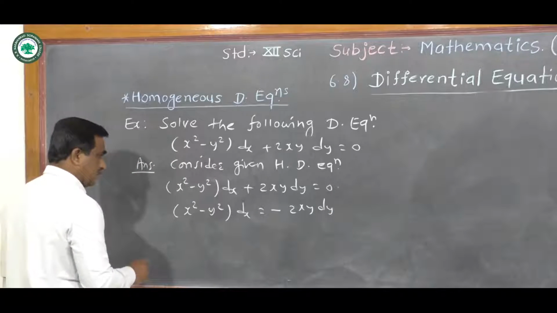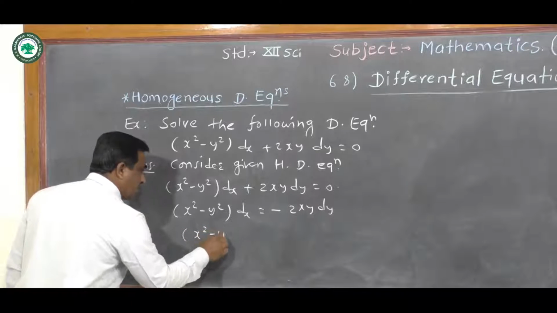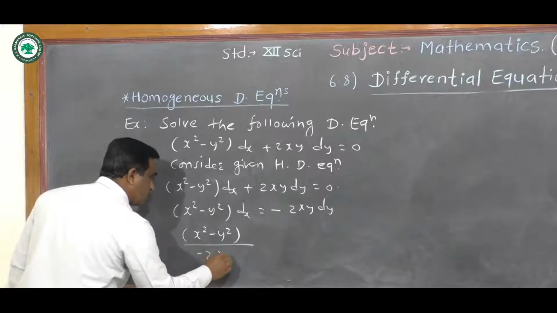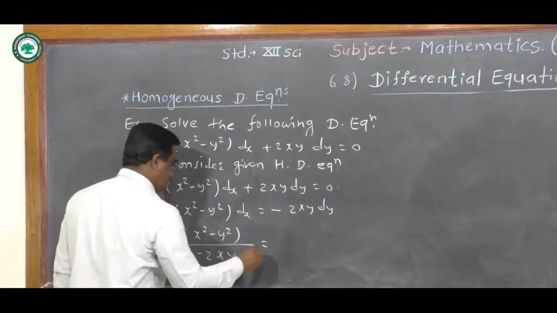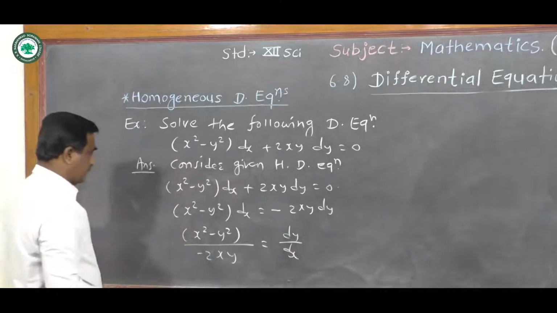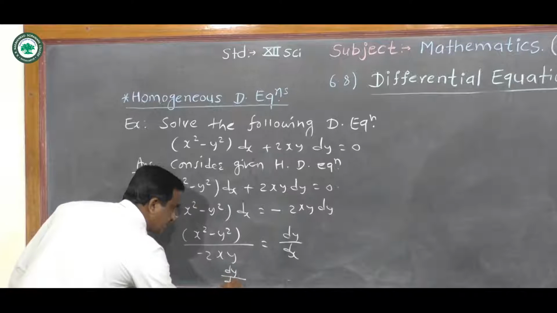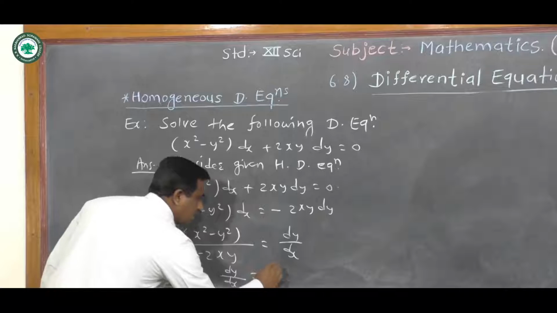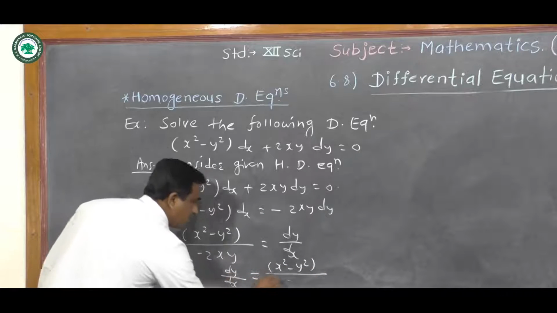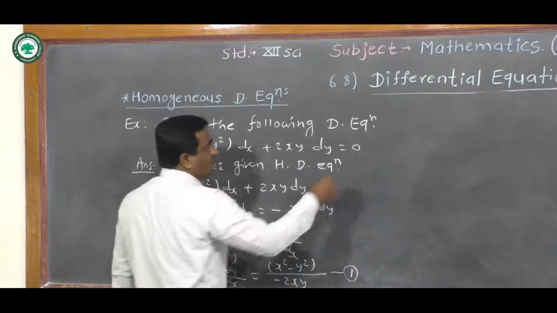That is, we can write here x square minus y square upon this term minus 2xy equal to dy upon dx. That is, dy by dx is equal to x square minus y square upon minus 2xy. Say this as equation number first.